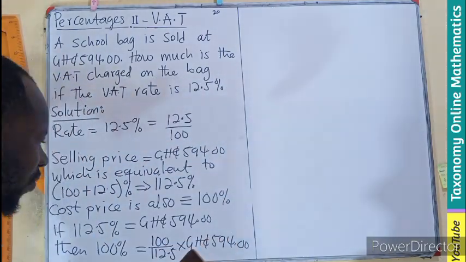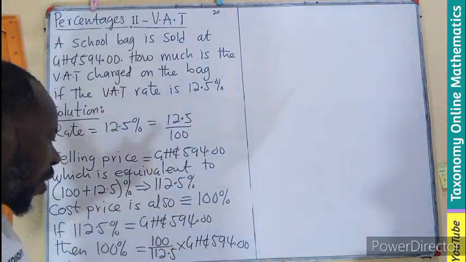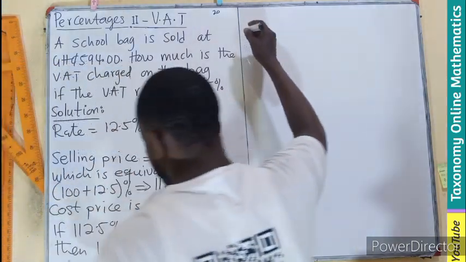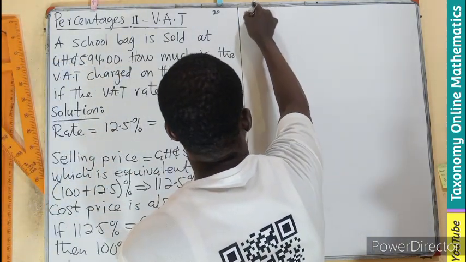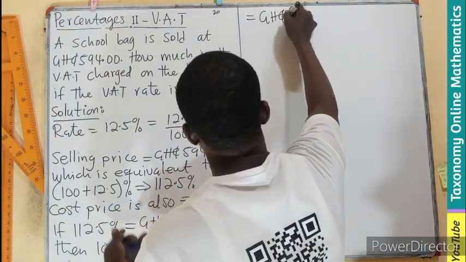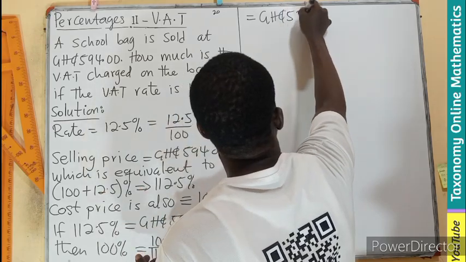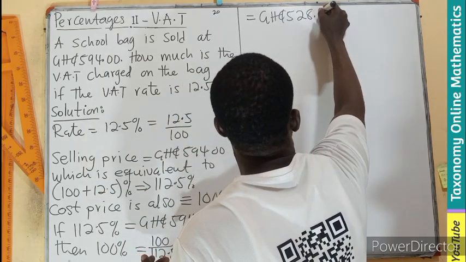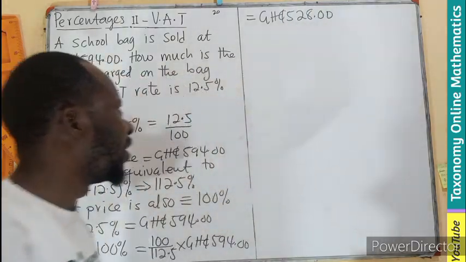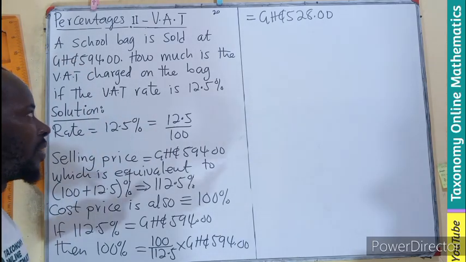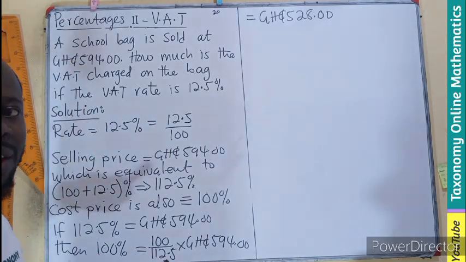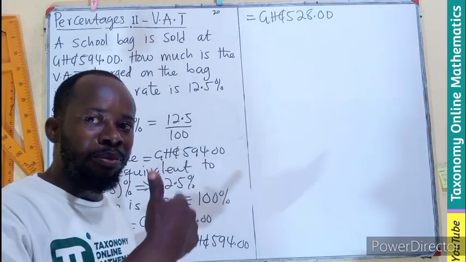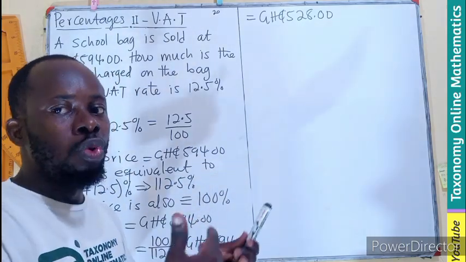Okay, so if we have 100 times this divided by 112.5, we should be having 528 Ghana cedis. So this price is showing the cost price of the article intended, that is the basic cost, VAT exclusive.